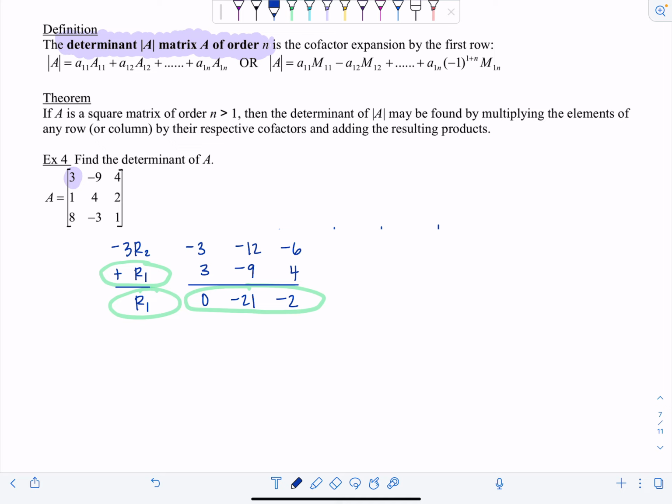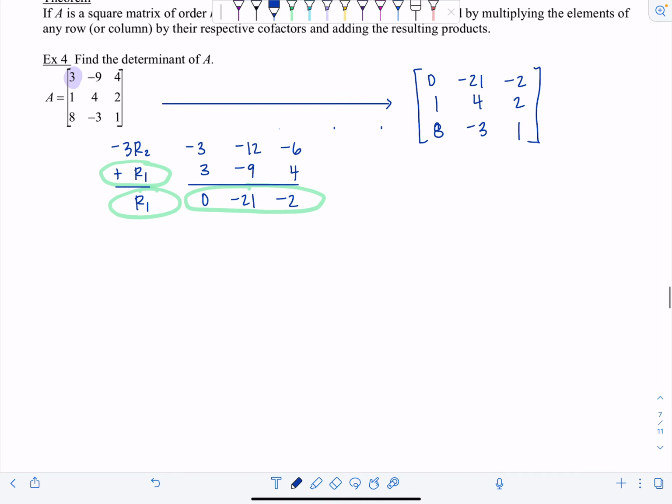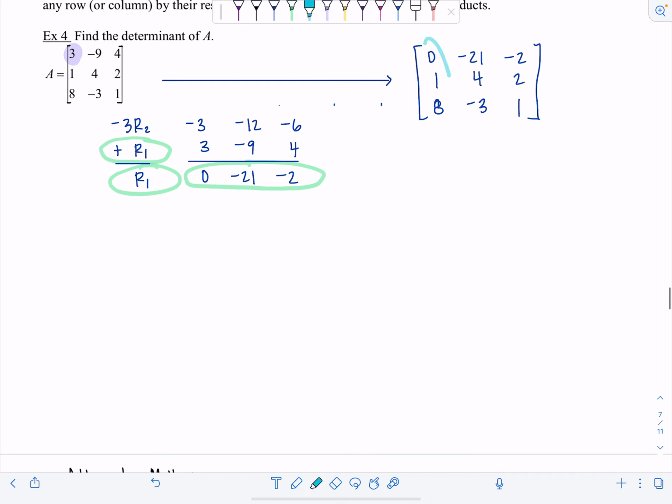So now, instead of computing the determinant of the original matrix A, I'm actually going to compute the determinant of the following matrix: 0, -21, -2, 1, 4, 2, and then 8, -3, 1. And you can pick any row or column. I say let's use the first column because there's a 0 and a 1. I like it.